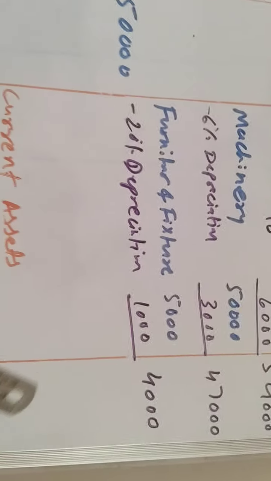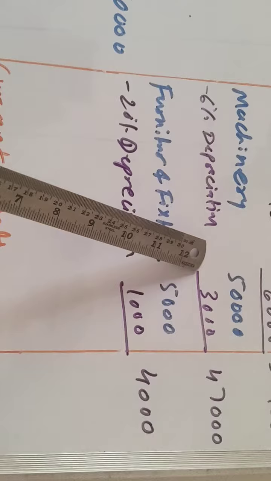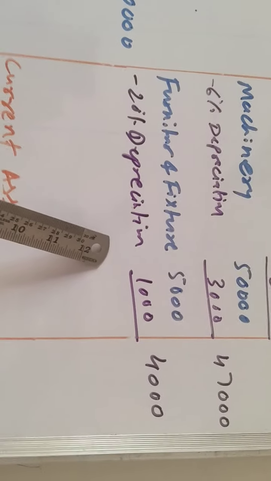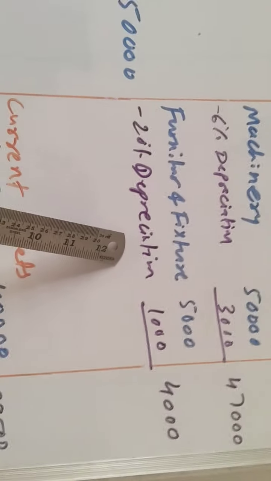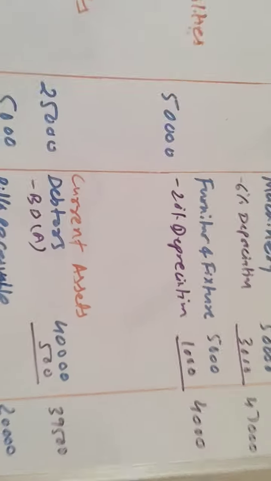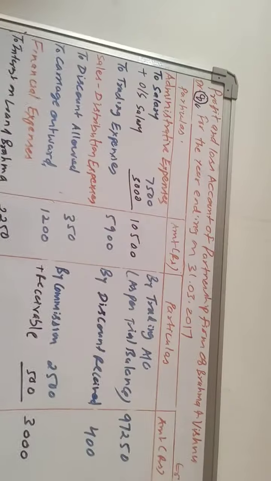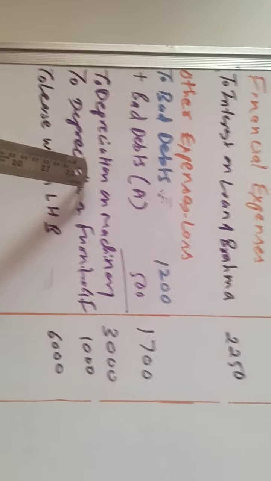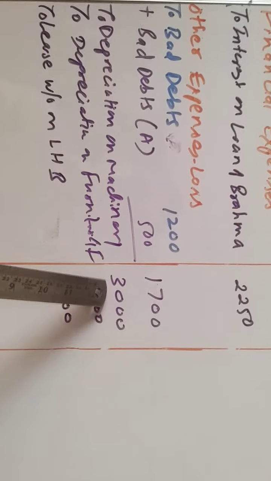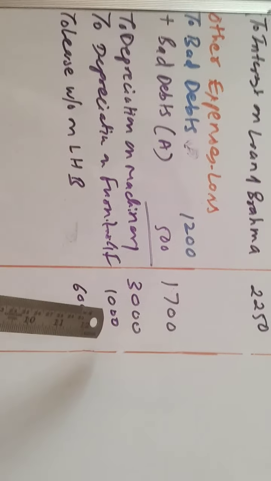And the other effect of these two adjustments, this 3,000 and 1,000, as these are depreciation, a kind of expense, will be recorded at the profit and loss account debit side. So here it is: depreciation on machinery 3,000, depreciation on furniture 1,000.